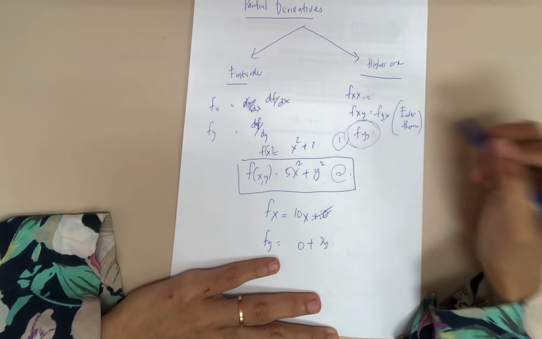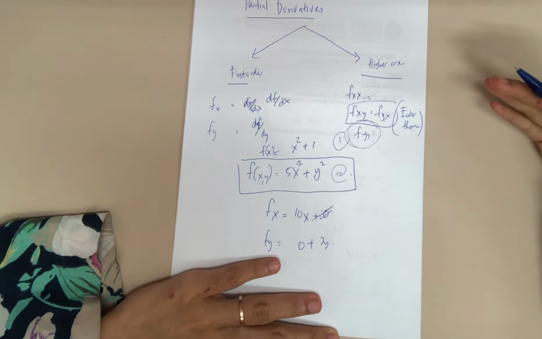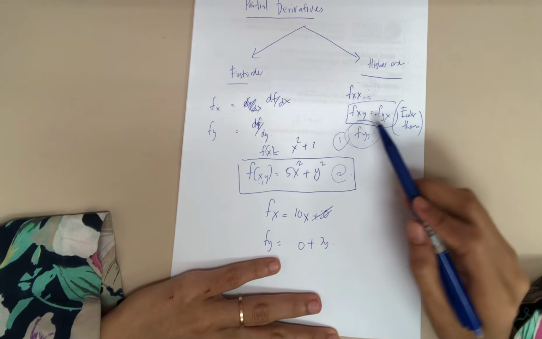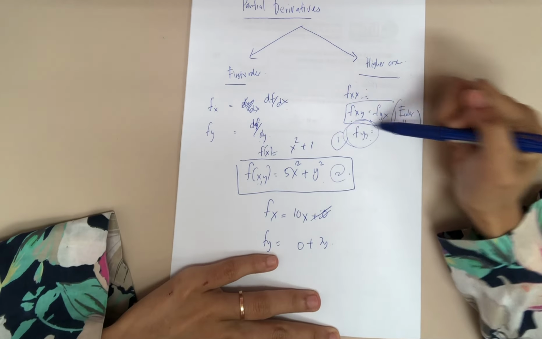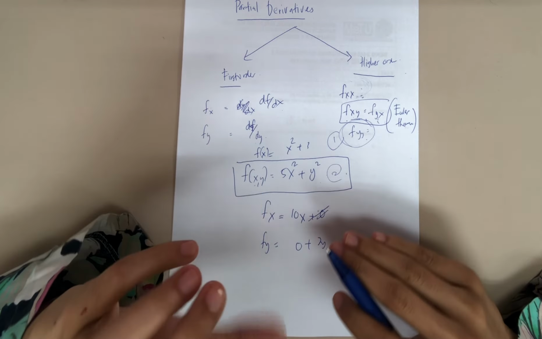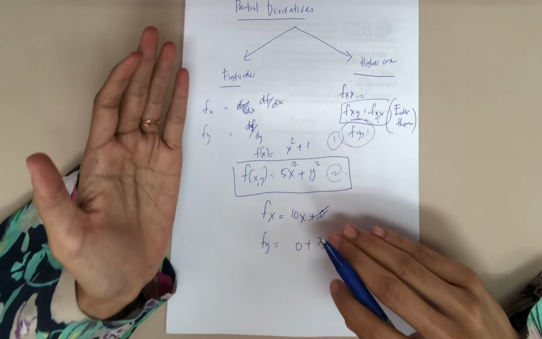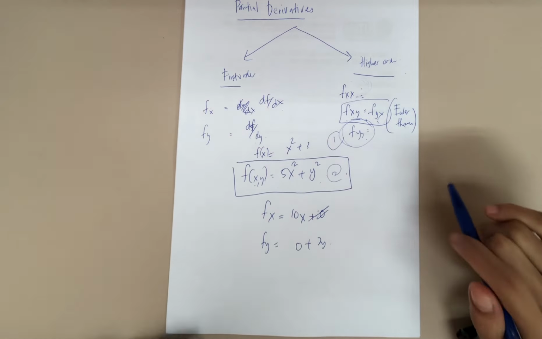If the question asks you to show Euler's theorem, you don't just state this. You need to calculate, and then show that the result for fxy is equal to fyx.